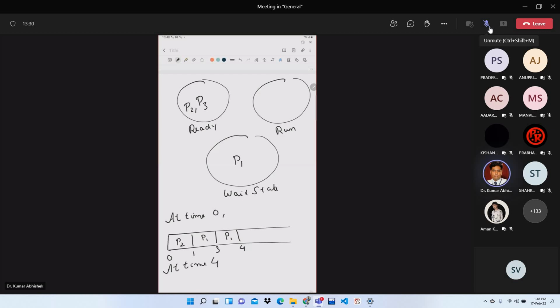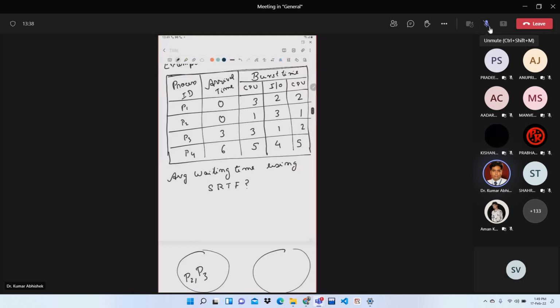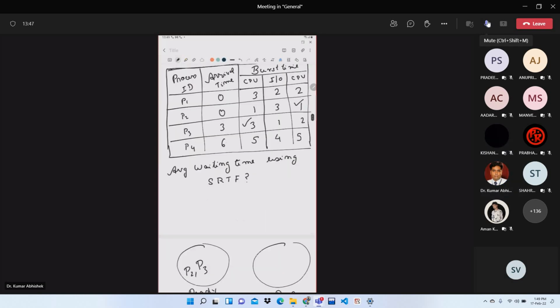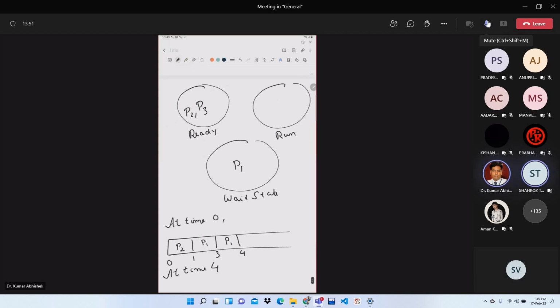So what will happen at time 4? The short-term scheduler has two processes in the ready queue, P2 and P3. What is the burst time of P3? 3. And what is the burst time of P2? 1. At time 4, P2 will work till time 5.